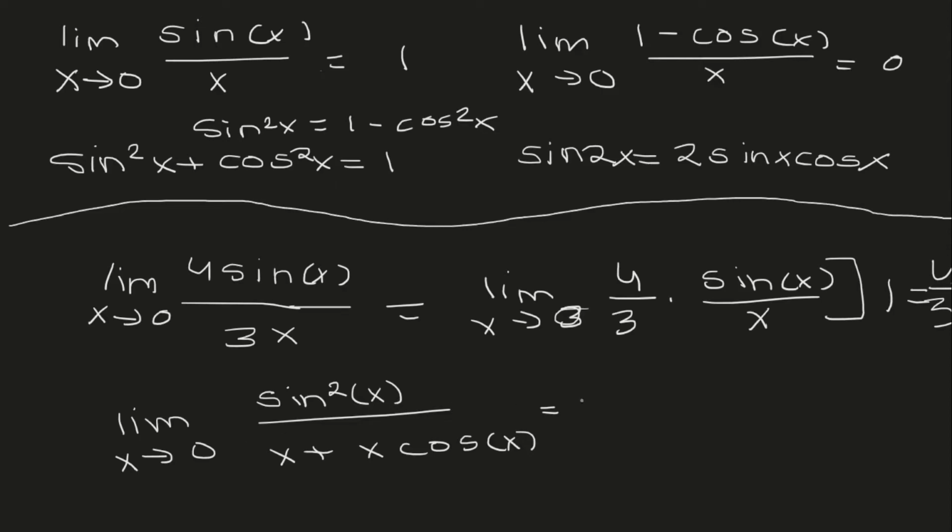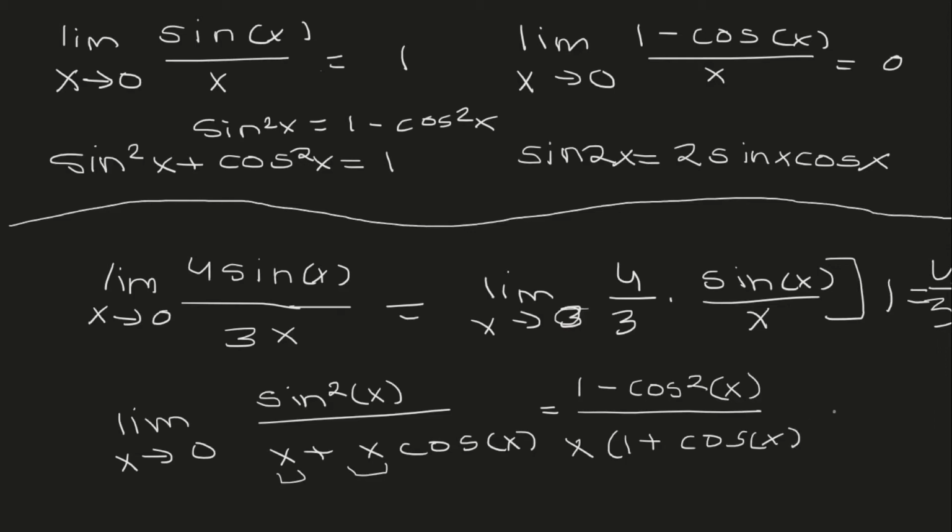So that comes in real handy right here, where we can do 1 minus cosine squared x over, and in the bottom we can factor out an x term from both coefficients right here, and we'll get x times the quantity 1 plus cosine of x.